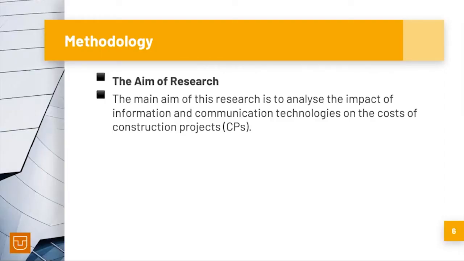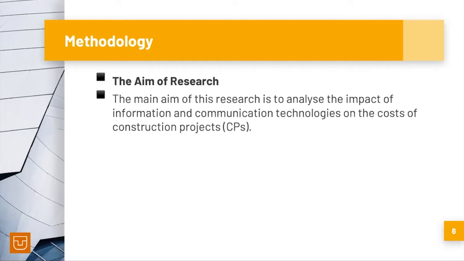The main aim of this research is to analyze the impact of information and communication technologies on the costs of construction projects. This process is as demanding as the management of construction projects. Therefore, in the final part, the ambition is to find a mathematical model of the impact of ICT on the cost of construction projects.